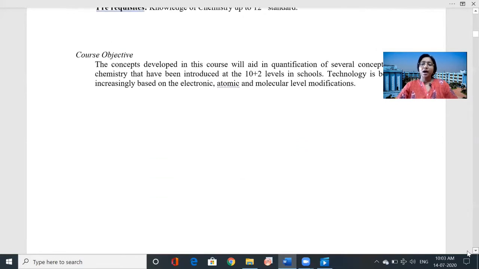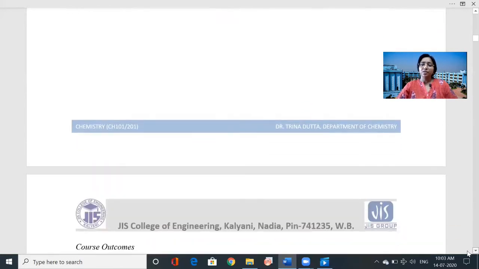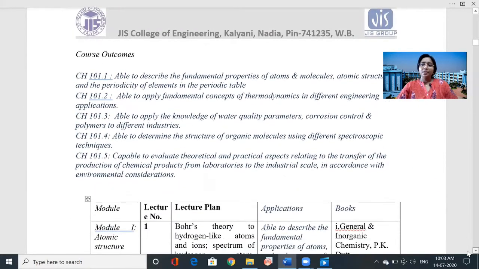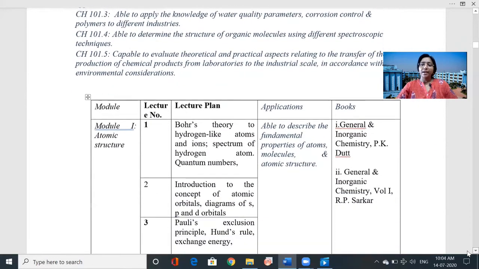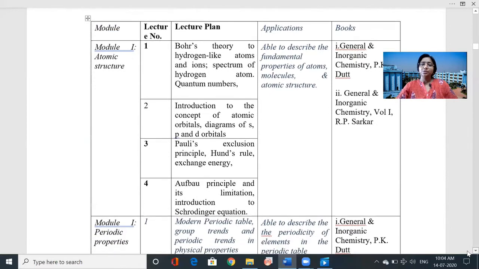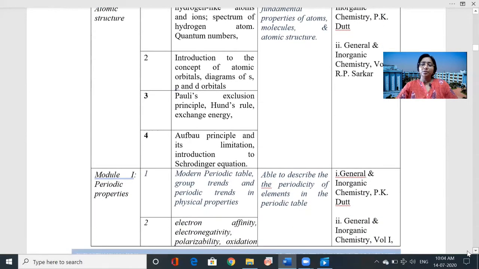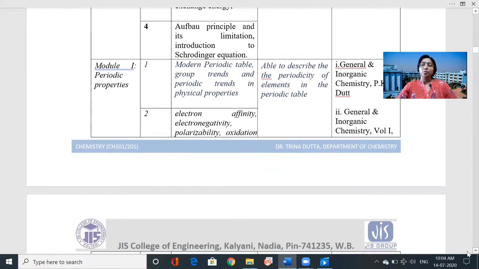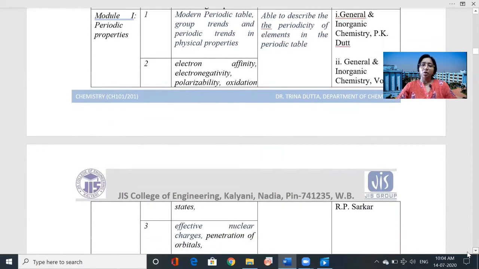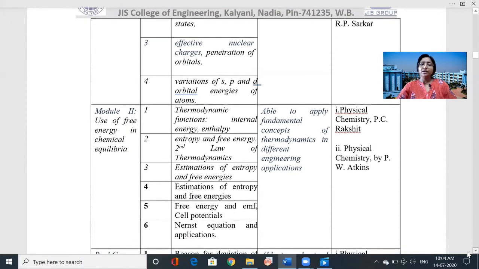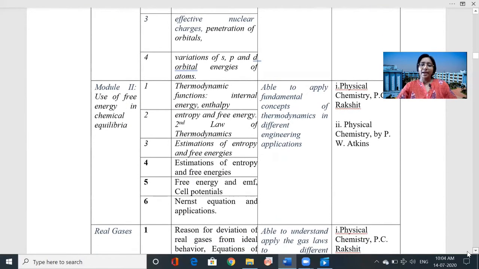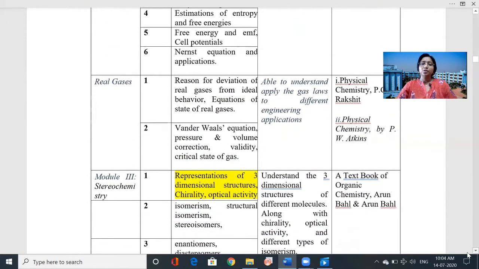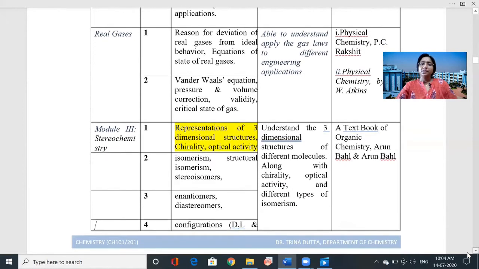Here the outcome is given for the students and the lecture plan is given here. Students, you will come to know on which day each lecture will cover which topics; that is given in the lecture plan. Today we will start module 3, that is stereochemistry.